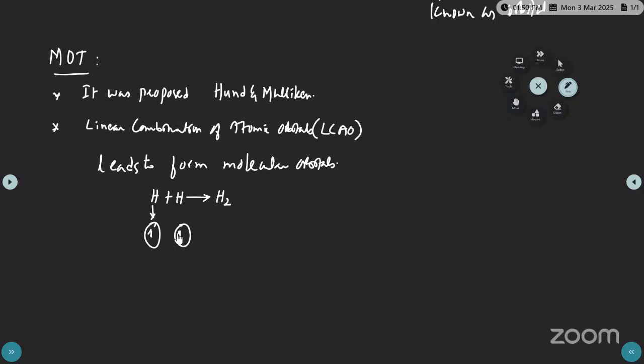When the orbitals are combined together, the molecular orbital is formed. This is the molecular orbital, and these are atomic orbitals. Atomic orbitals are combined together, and here the molecular orbitals are formed.